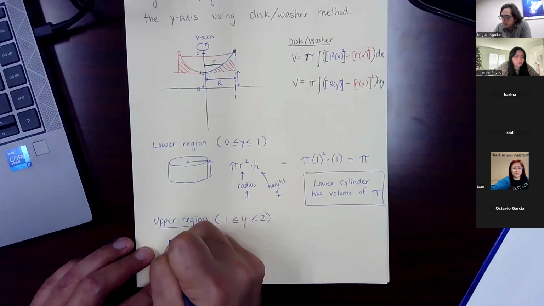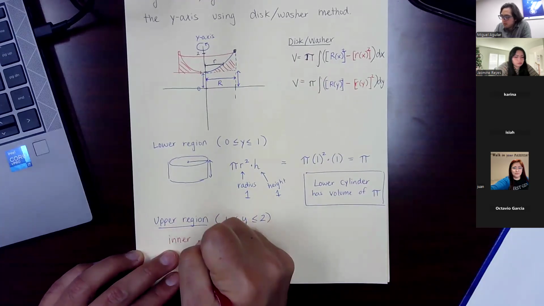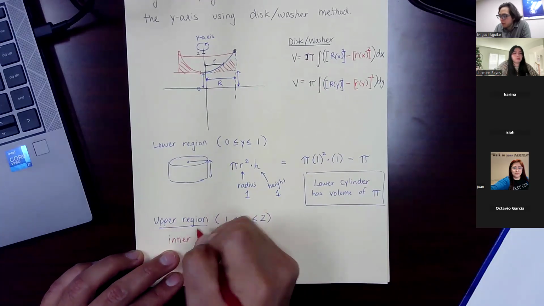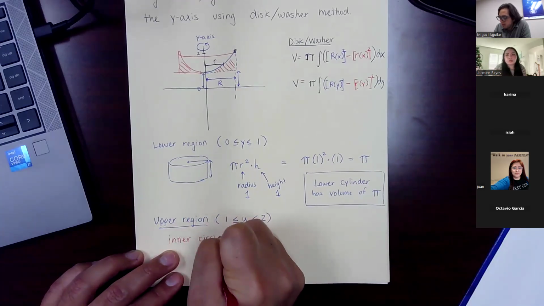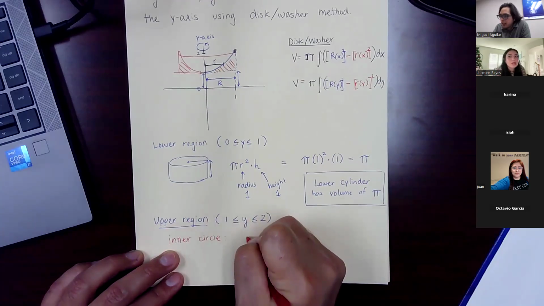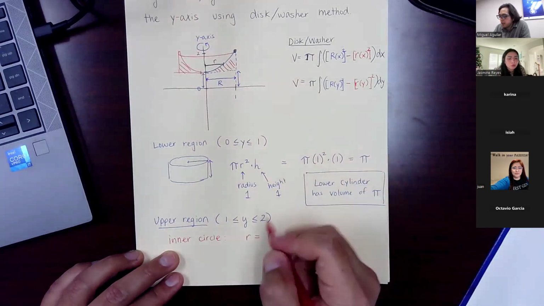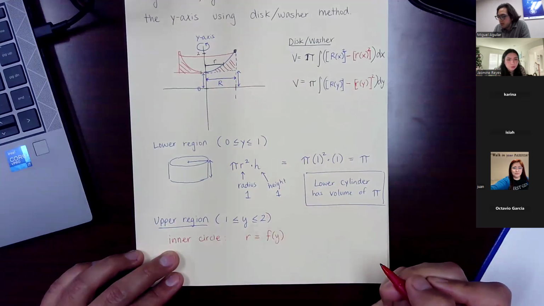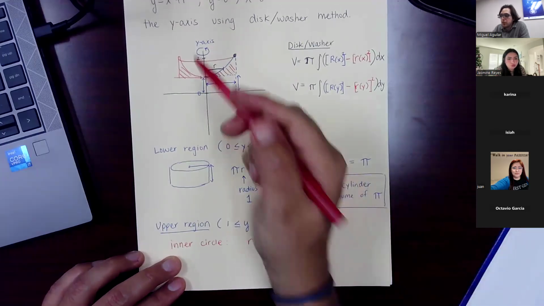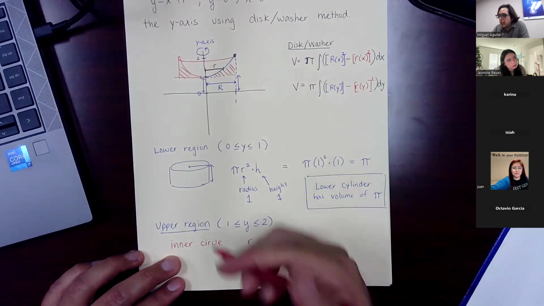The inner circle, or the inner hole, has a radius that's equal to our function, but in terms of y. So f of y, which means that we have to rearrange our function to get it in terms of y and not in terms of x.